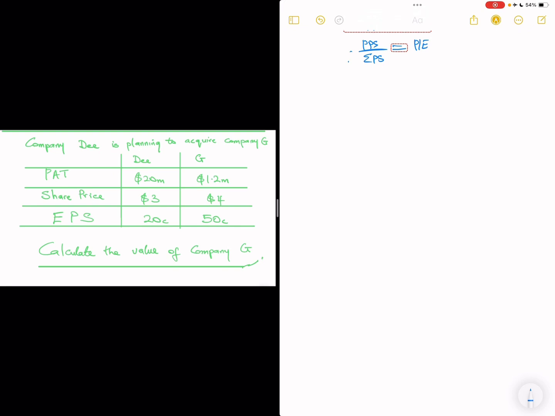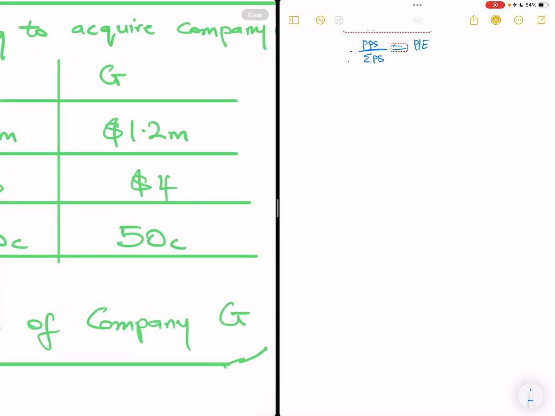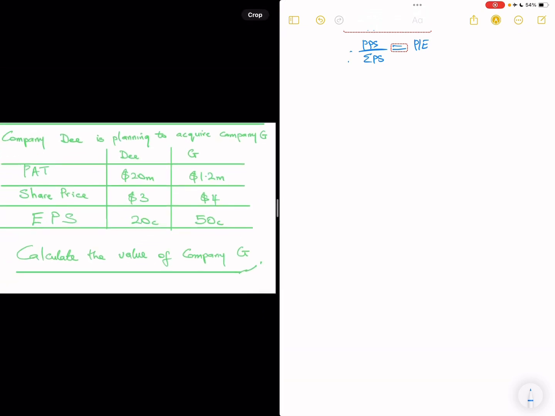But which company do we want to value? We want to value company G. So if we're going to use price earnings ratios to value company G, we need to use the price earnings ratio of D, because D is the acquirer, the buyer. We can't use the PE ratio of G to value G. We need to use the price earnings ratio of D to do that valuation.